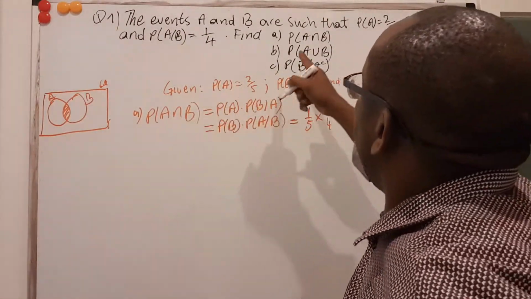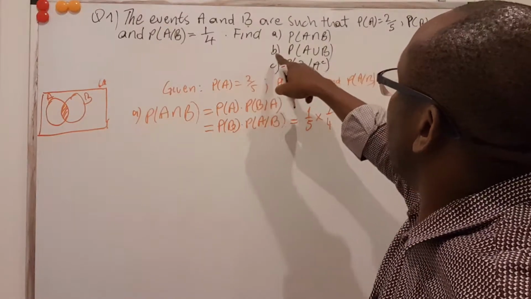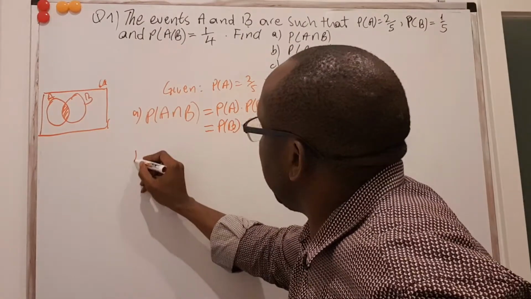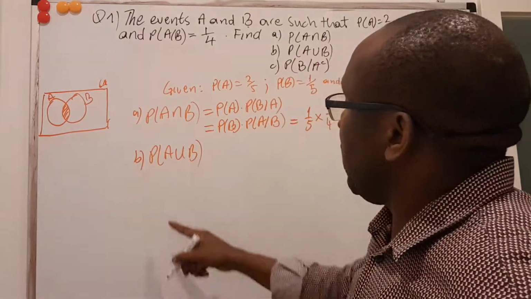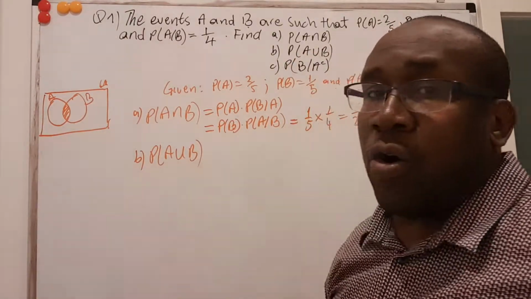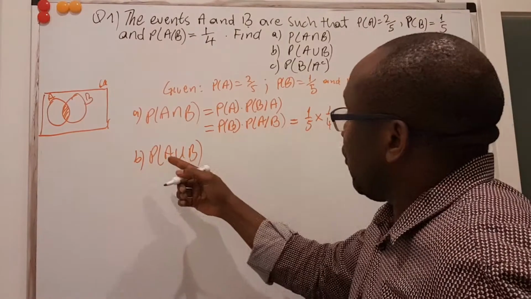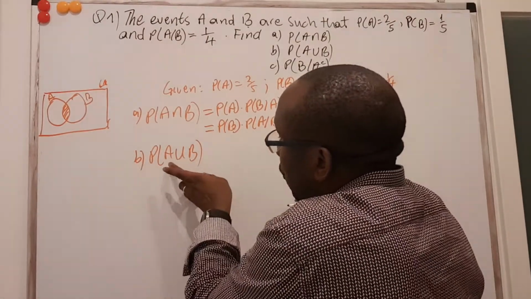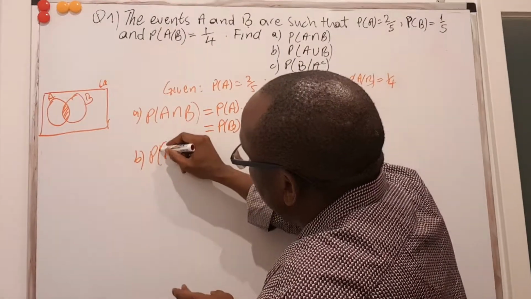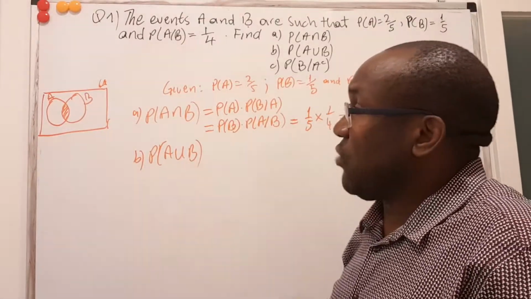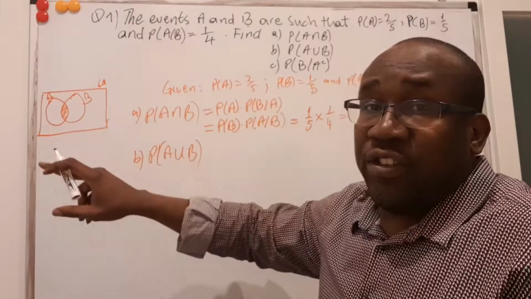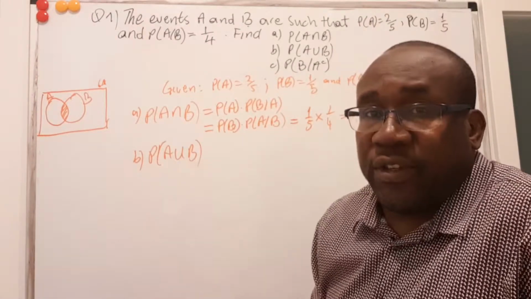For the other situation, we are going to look at P of A union B. This is the probability that A or B occur. The general form of this, A or B, the union of two, means you write the elements without repetition, which means the intersection has to be counted only once, not twice.